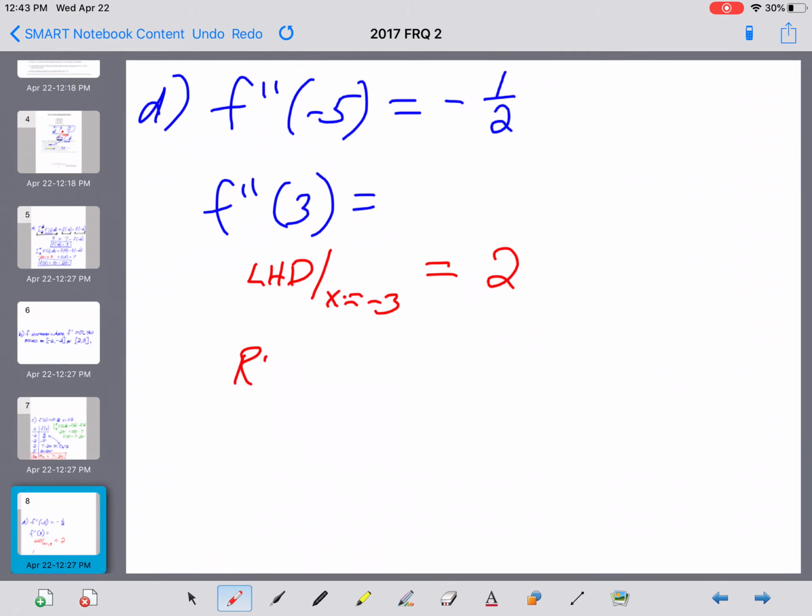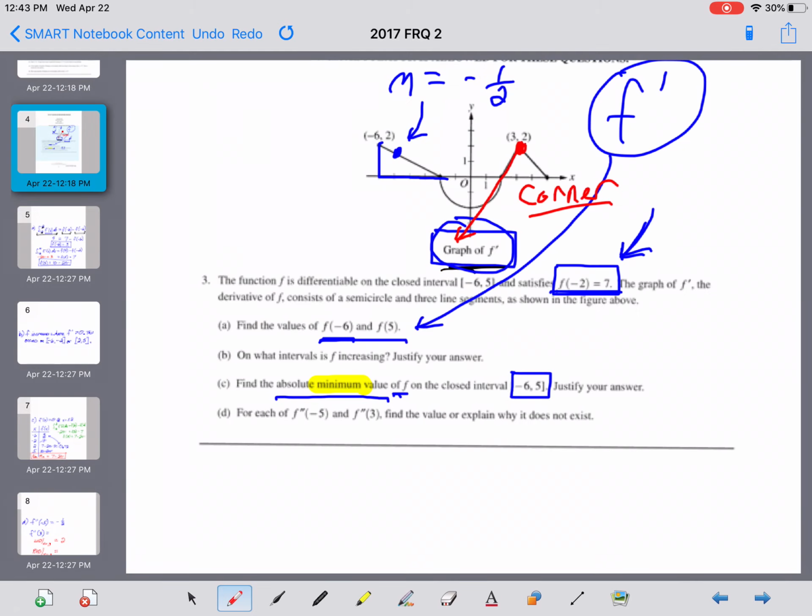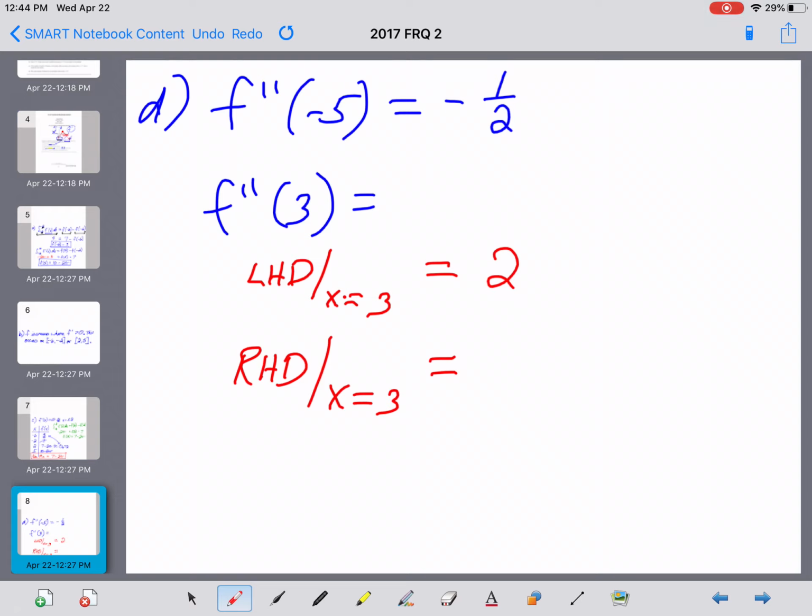If we considered then the right-hand derivative evaluated here at x equals, sorry guys, just realized that should have been +3. And the same thing right down here, the right-hand derivative at x equals +3. Okay, in this case, our tangent ray is going to look something like that. We are dealing with a slope of, let's see, 2 units down and then 2 units to the right. So our slope is going to be -2 over +2. That is going to equal -1.